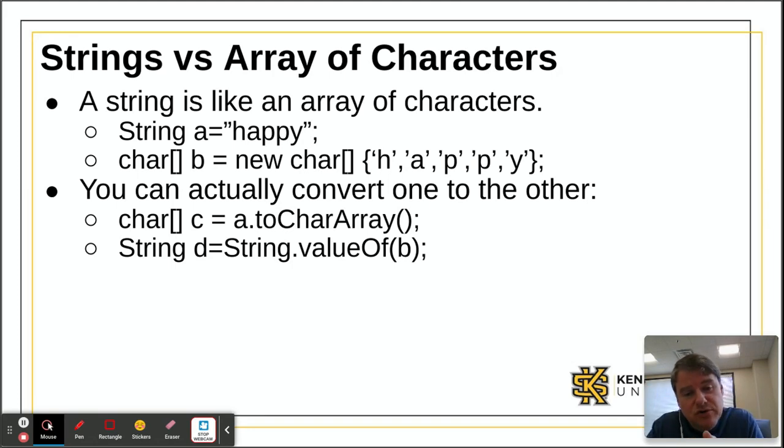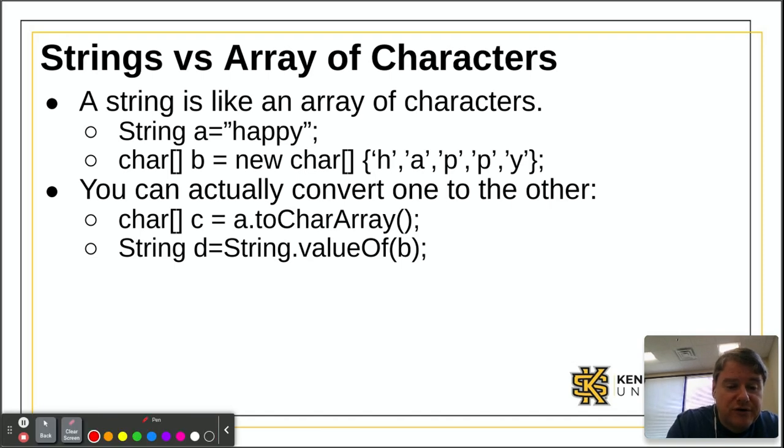So the first one is a string, the second one is an array of characters, and they are technically two different types, but they're so close to each other, there's actually a way you can convert back and forth. So down here in the bottom of the slide, I said char array c is equal to a.toCharArray. So let me break that down for you and talk about what's happening here.